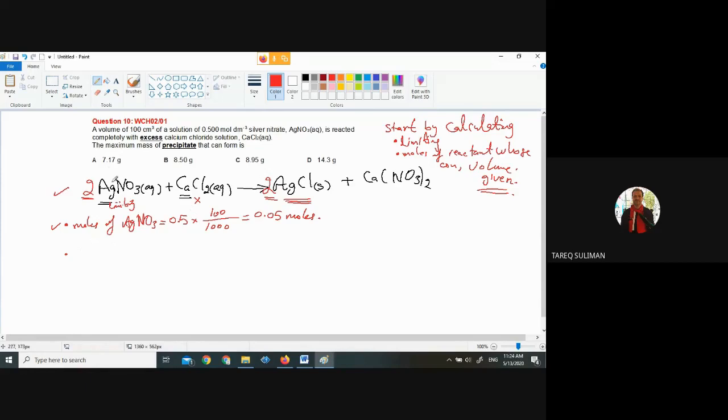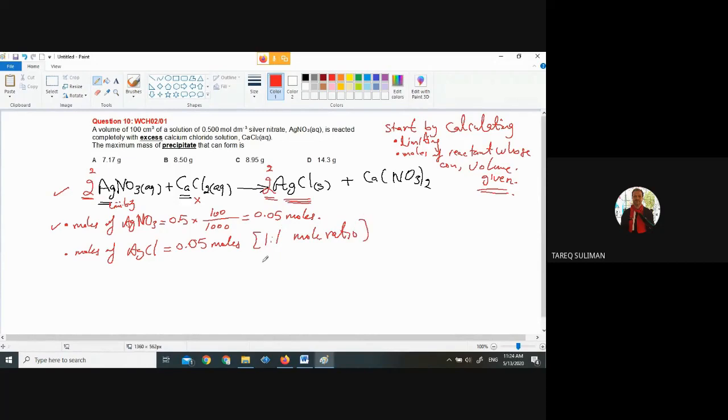What is the stoichiometric ratio? 2 to 2. This means 1 to 1. Therefore, moles of AgCl is the same as the number of moles of AgNO3, 0.05 moles, being a 1 to 1 mole ratio.